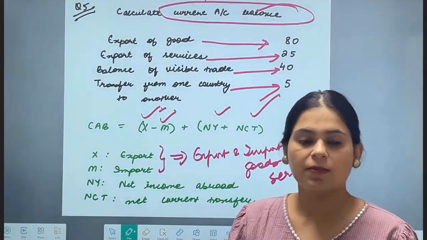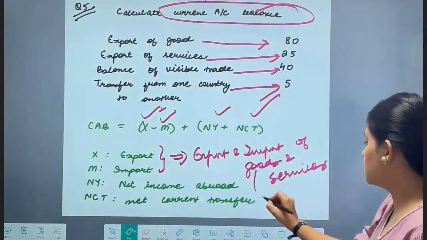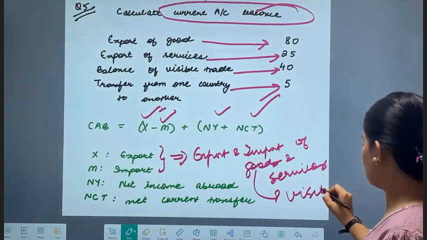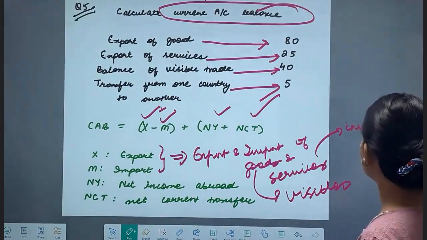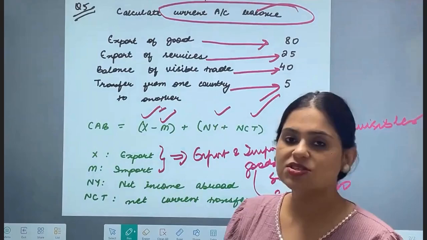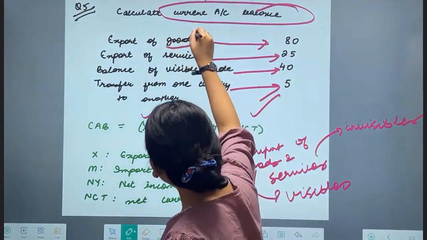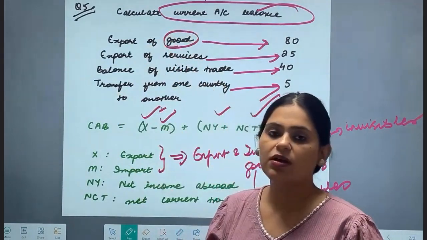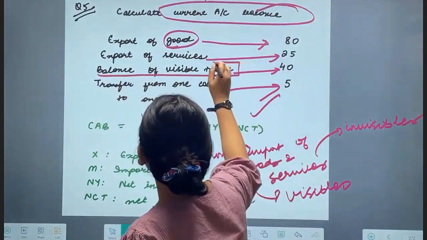Is that clear? Goods are also called visibles and services are called invisibles. So what is the trick in this question? They have given you export of goods, but they have also given you balance of visible trade.